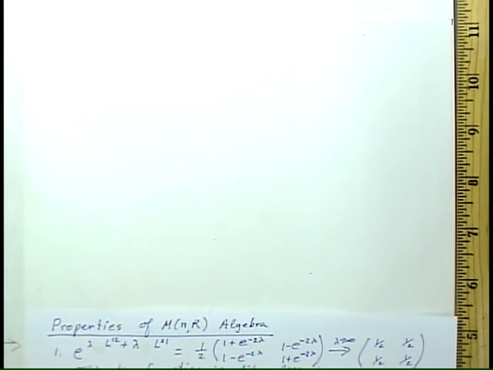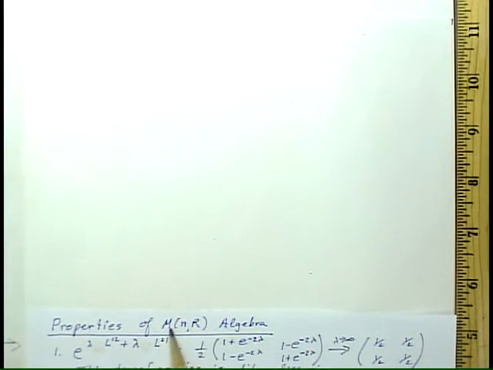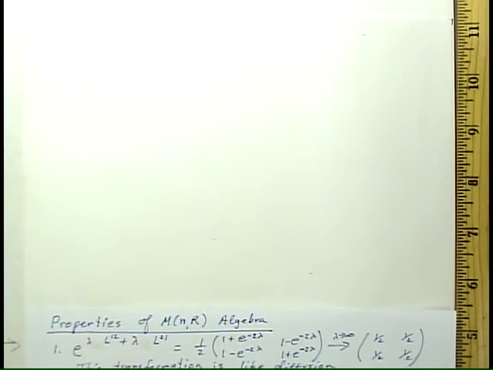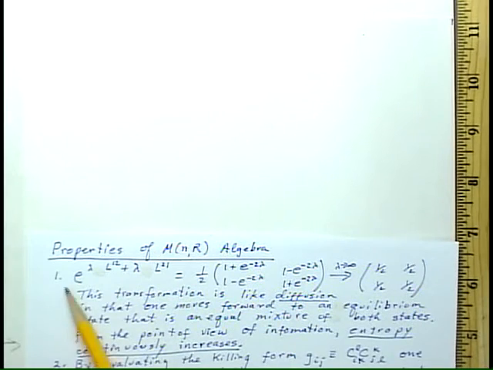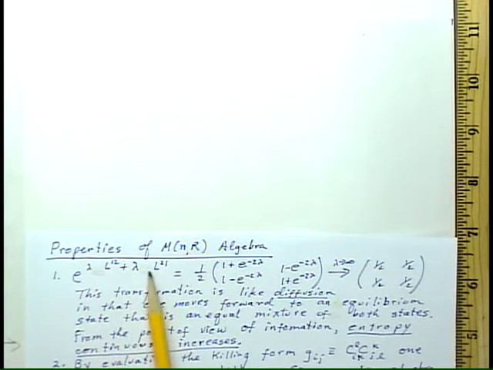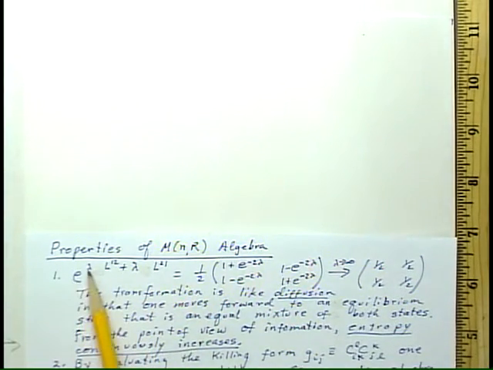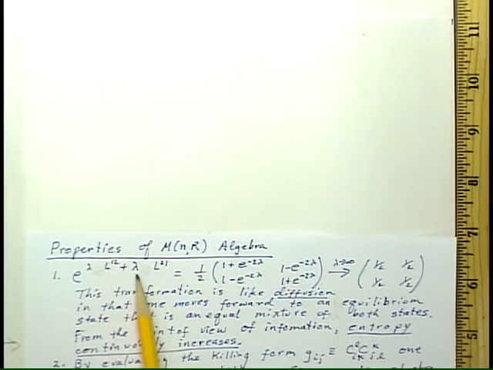Let's look at some of the properties of this Markov type Lie algebra, MNR, the Markov Lie algebra in n dimensions over the reals. The first thing I want to look at is a transformation which is an equal mixture of the two parameters, e to the lambda L12 plus that same lambda times L21.